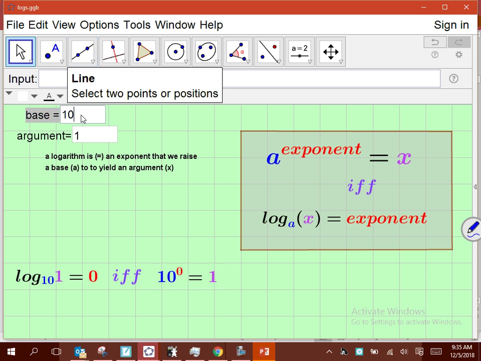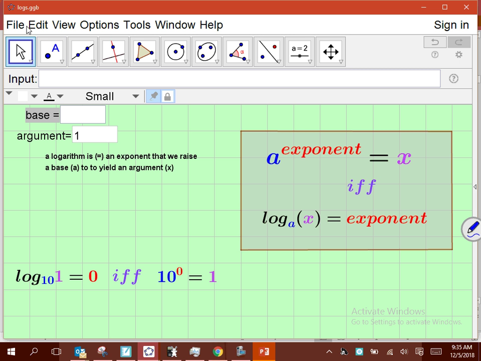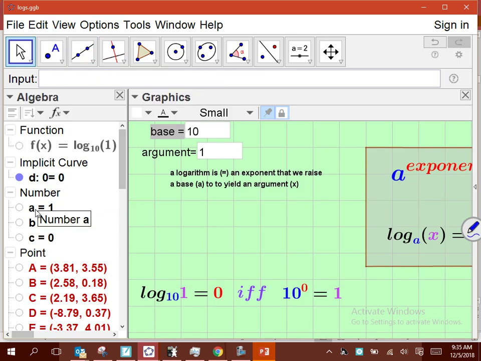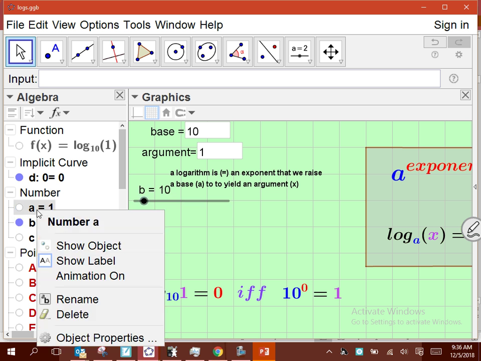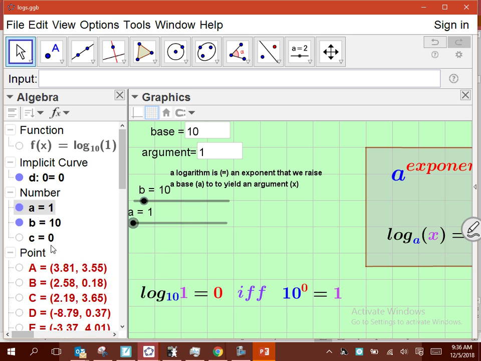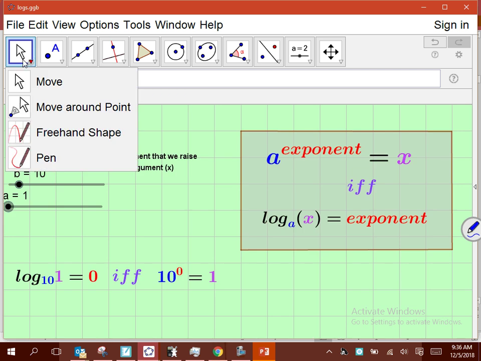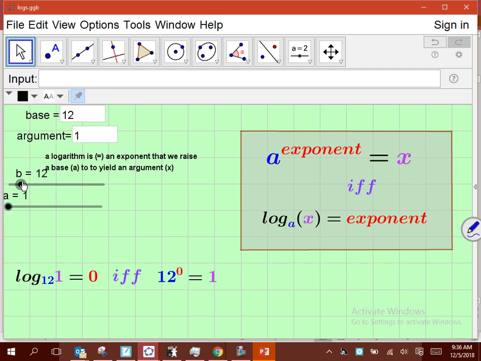It doesn't matter what my base is. I think I've got a slider here for my base. Show object, there we go. Just to make it a little easier to see, my base can be anything, right? As I'm doing that, whatever my base is, does that 1 ever change?